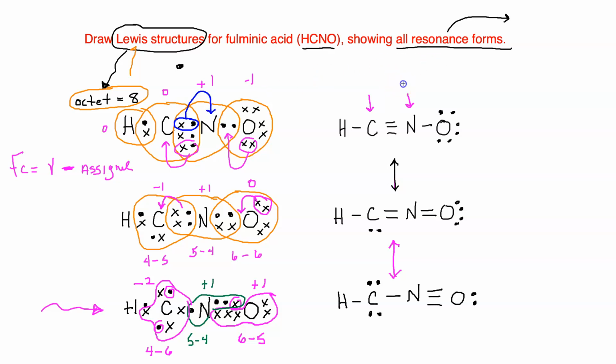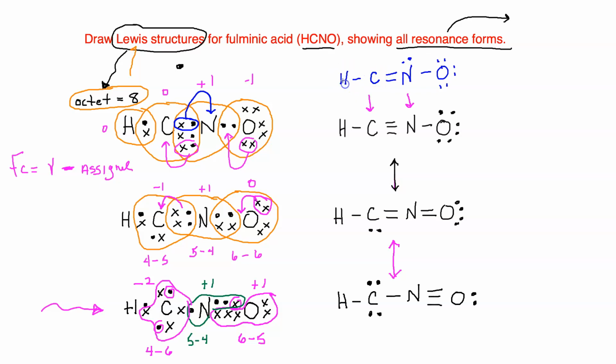So we could have a nitrogen with a lone pair. You could have a single bond to an O, and then it would have its double bond to the C, and then the C to the H.